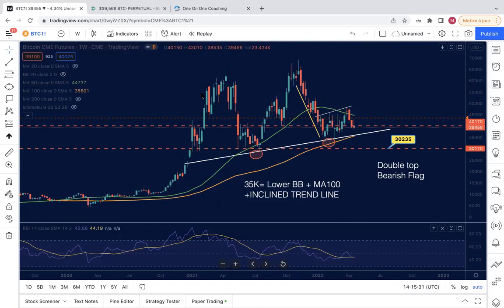We need the underlying to go above the upper band of the flag. It means that the Bitcoin should close above this inclined trend line. So if we do a projection here, that price should be around $50,000.